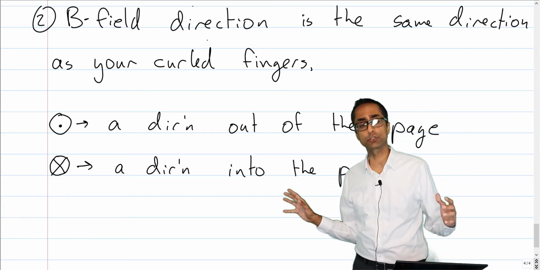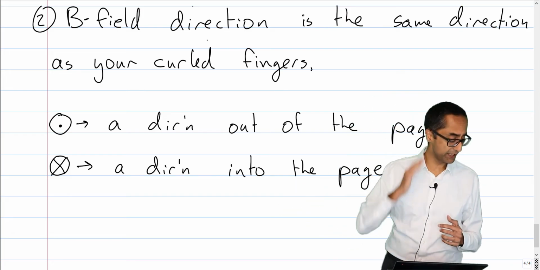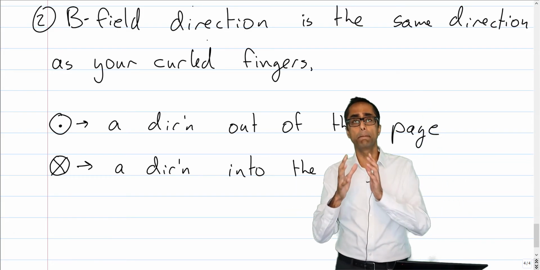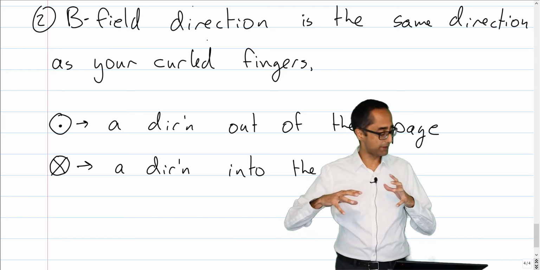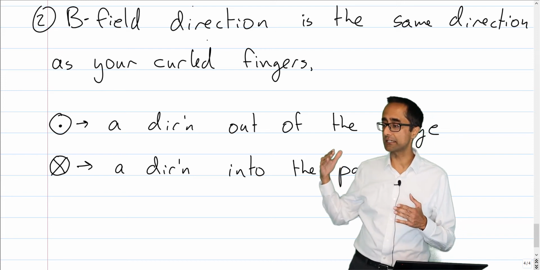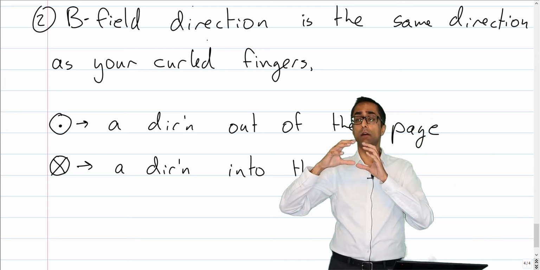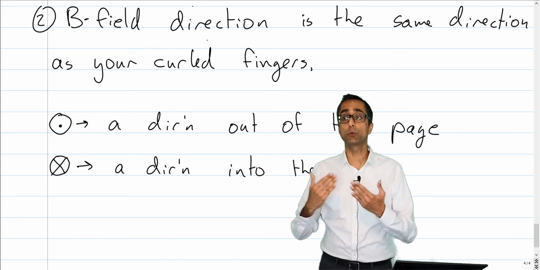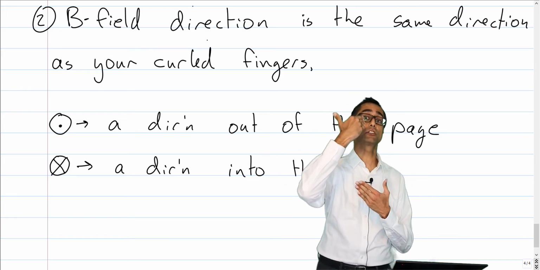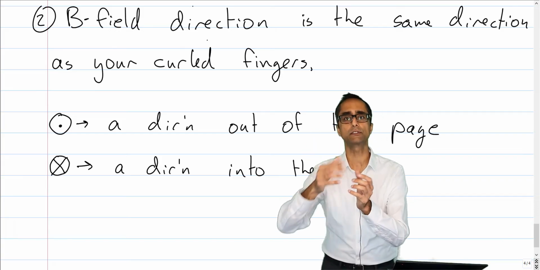A really quick way to make sure you remember which is which: the vector can be thought of as an arrow. So imagine that when we have a direction that's coming out of the page, it looks like a circle with a dot in it, or you could think about it as if there was an arrow coming towards you right before it hits you in the face.